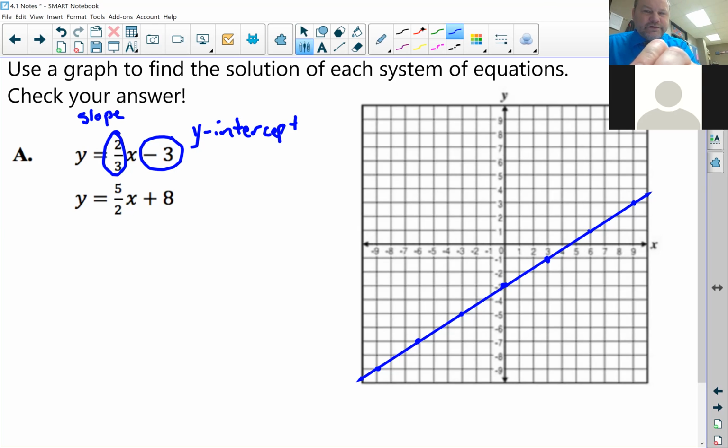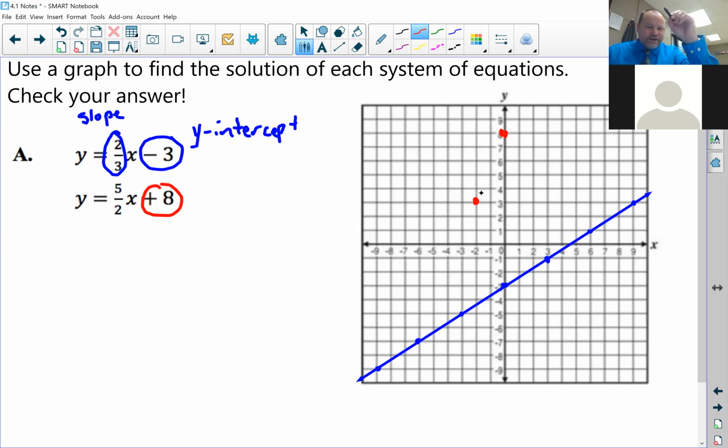My second equation, I'm going to graph the same way. Start with the y-intercept, 8. Then use the slope, 5/2. So rise over run, go up 5. Well, I can't go up 5. I don't have enough room. So I'm going to go down 5 and left 2.